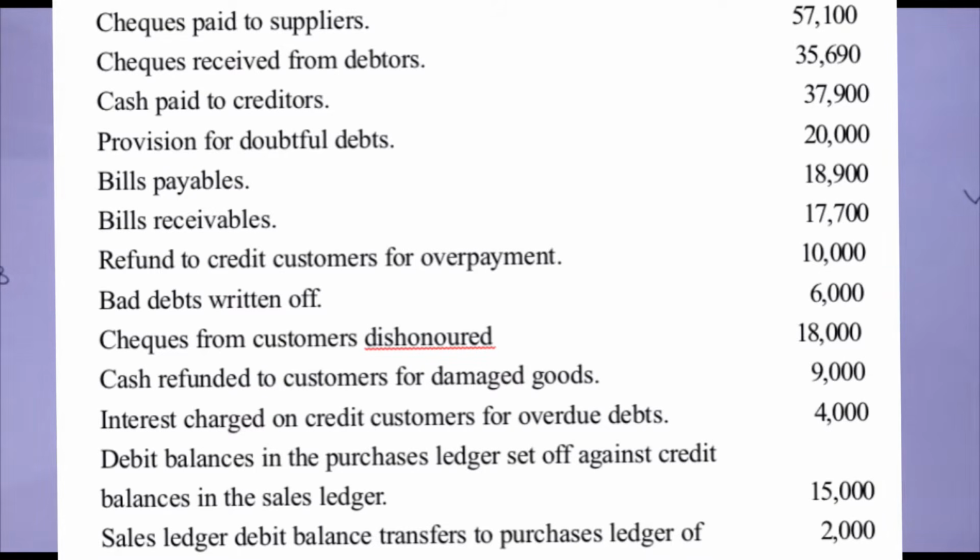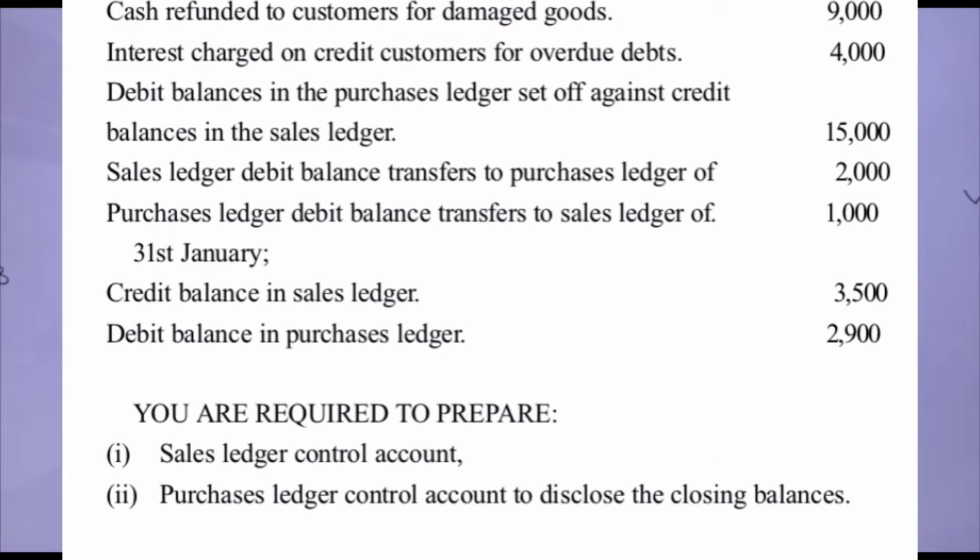Debit balances in the purchases ledger set off against credit balances in the sales ledger 15,000 Ghana cedis. Sales ledger debit balance transferred to purchases ledger of 2,000 Ghana cedis. Purchases ledger debit balance transferred to sales ledger of 1,000 Ghana cedis.